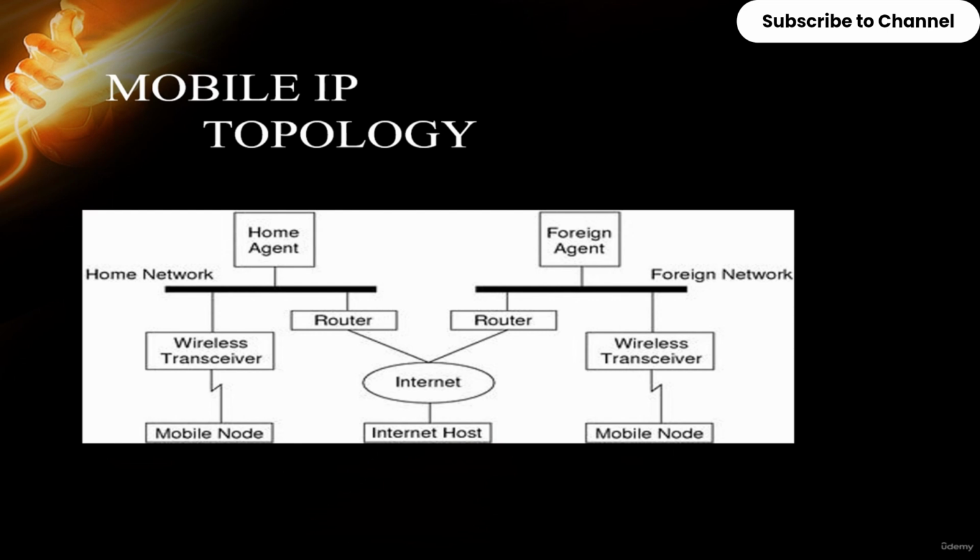The datagrams from the mobile node to the internet host are sent using the normal IP routing procedure to the foreign network, and they are delivered to the foreign agent. The foreign agent forwards the datagrams to the particular internet host. In this way the communication happens using mobile IP.